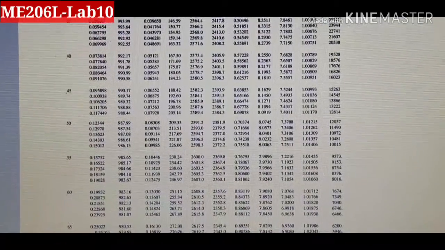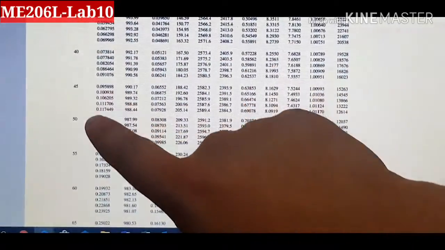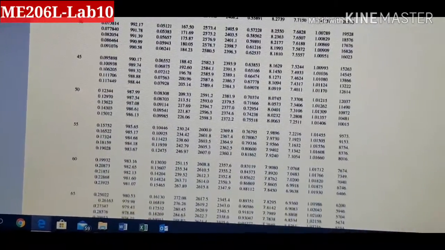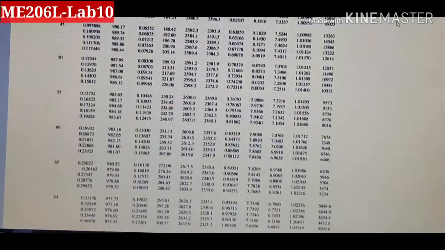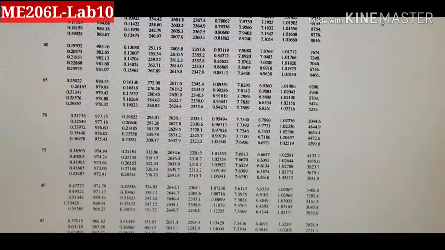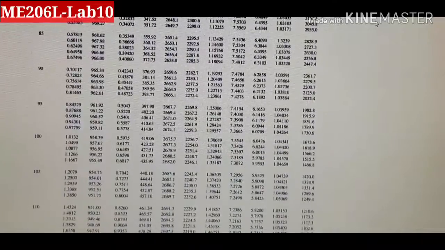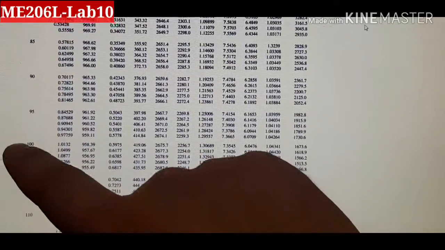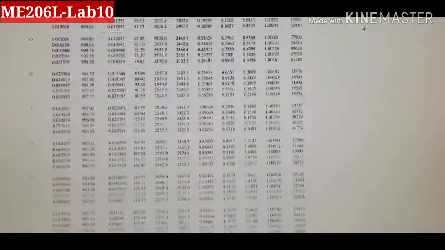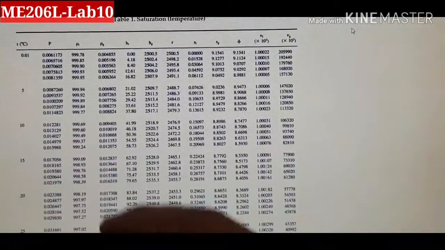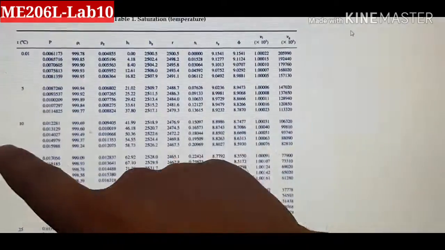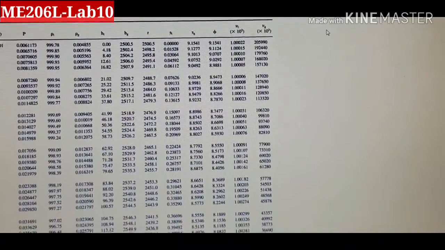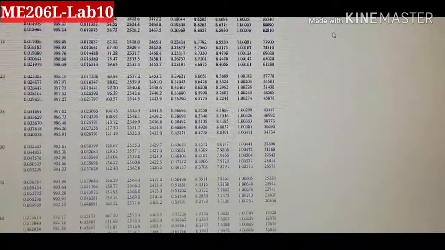Here, the numbers we have all start with 0. We have to find a number that starts with 1. Here the first number starts with 1 at 100. If you go back up, the temperature is this column, and this is the pressure. That's what we need here, just the temperature and pressure.